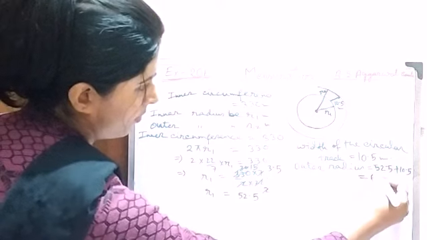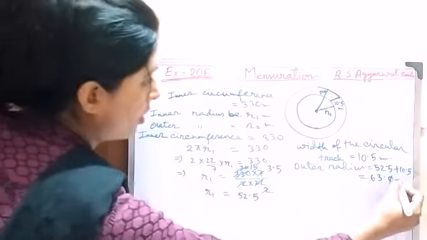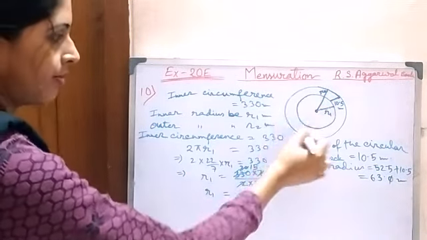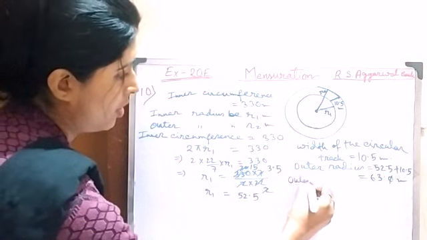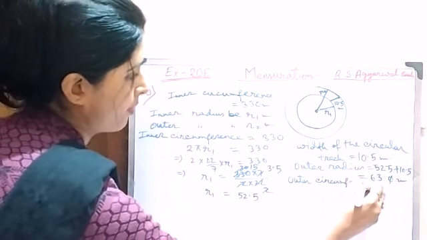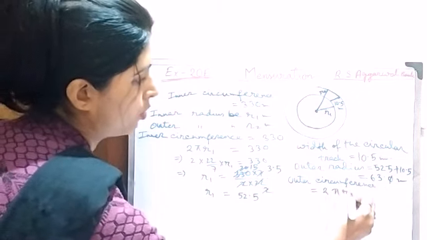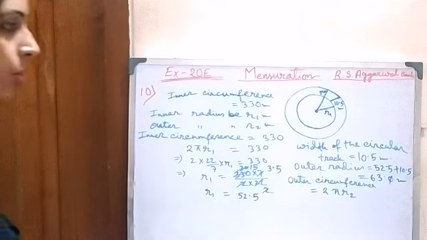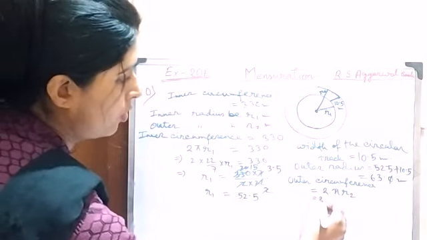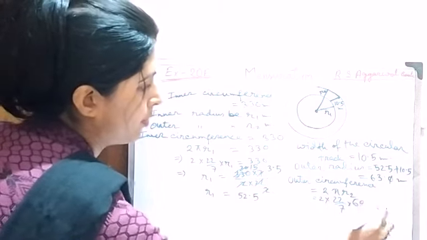So it will be 63.0 meter. Now by using this outer radius we will find out the outer circumference. So outer circumference equal to 2 pi R2. Outer radius is R2. 2 into 22/7 into 63.